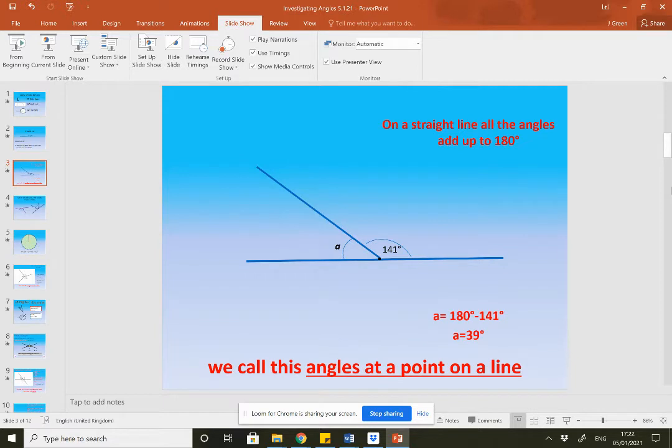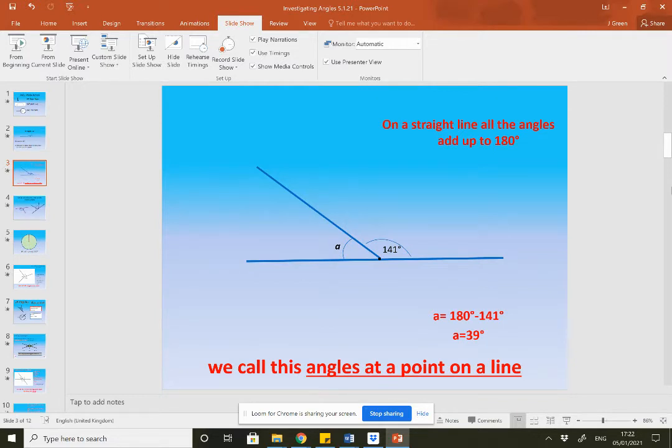As you can see here, we are working out the missing angle, which has been marked with a letter A. Again, quite common to mark it that way, but we have been given a key bit of advice. The larger of the two angles, the obtuse angle, remember that word because it's over 90 degrees, is 141 degrees.